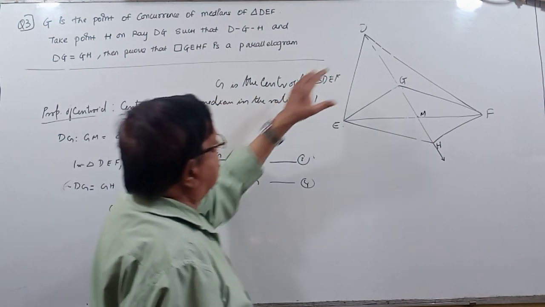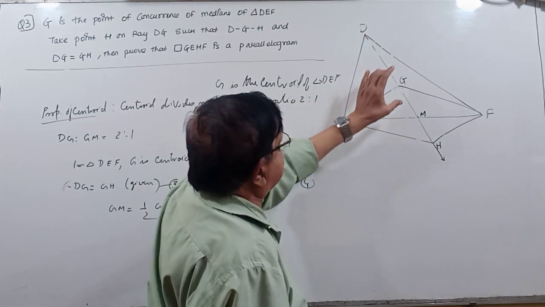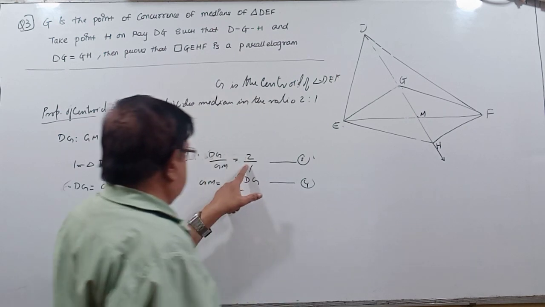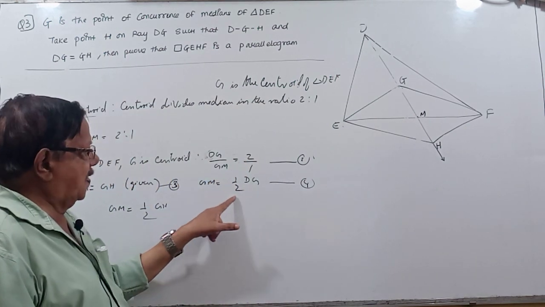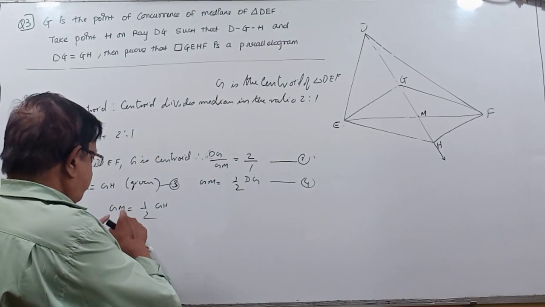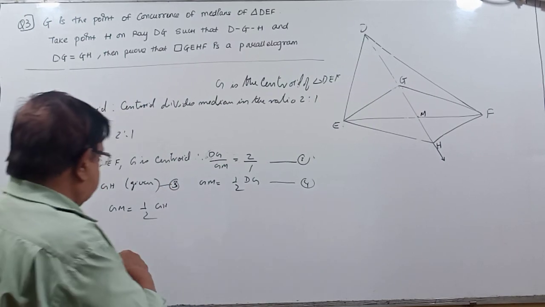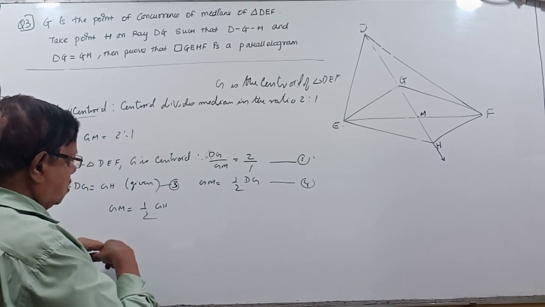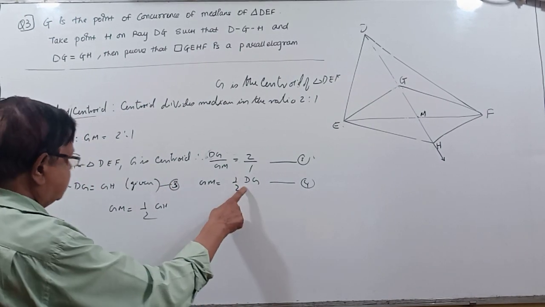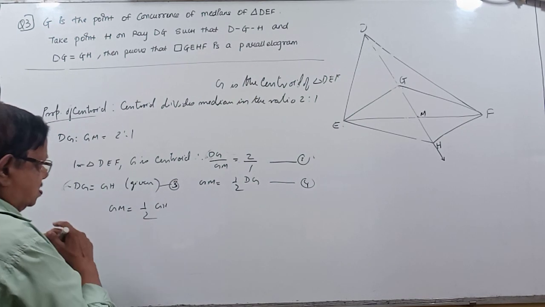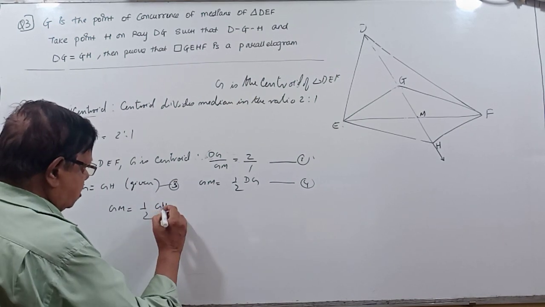We know that DG upon GM is equal to 2:1 or GM is equal to half of DG. From 3 and 4, GM is equal to half of, what is DG? DG equal to GH, half of GH.